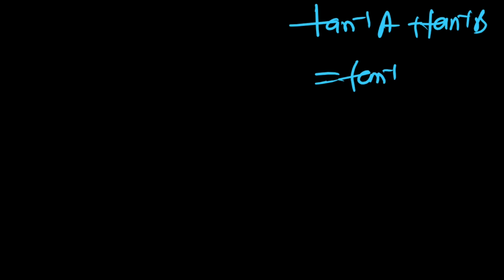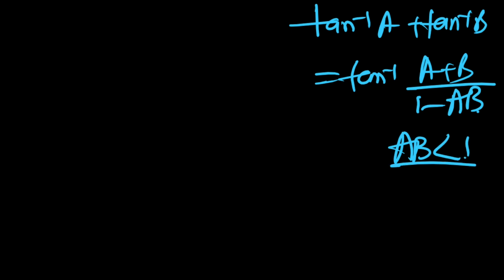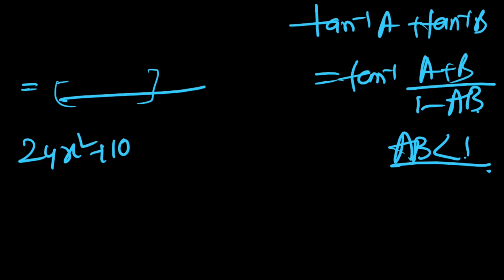So overall in this question we use one formula, that is tan inverse A plus tan inverse B, which is actually tan inverse of (A plus B)/(1 minus AB), where AB is less than 1 in this given interval. We break it and simplify, and we get a quadratic equation, that is 24x squared plus 10 root 3 x minus 1 is equal to 0, and we find the solution.